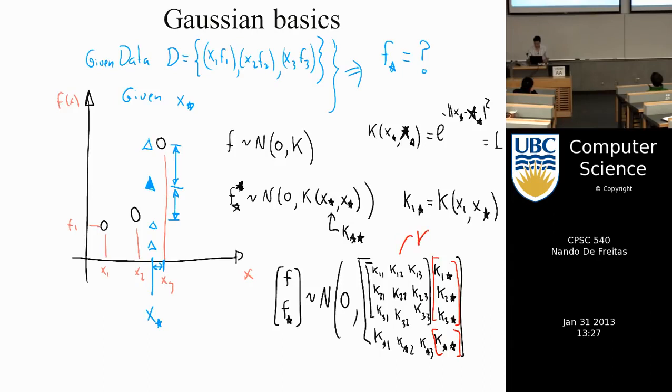This block is the matrix K. This block here I'm going to call the matrix K*. And then this one is just K**. And let's just lastly close the bracket.